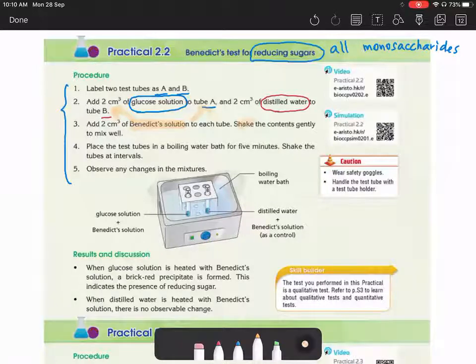Mix them well. The reason why I say this one is a bit complicated is because I need to heat them in a water bath. It's a boiling water bath for some time, and then I have to shake it regularly. Anyway, let's check the change later. Now I'm going to show you the procedure.